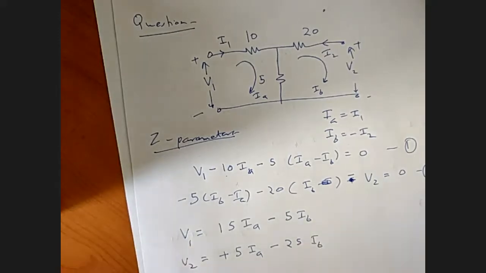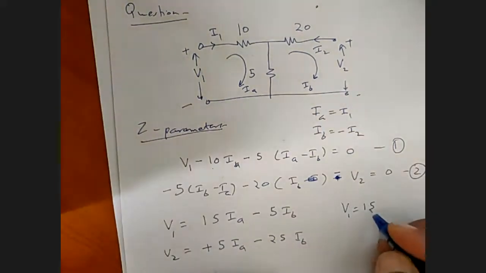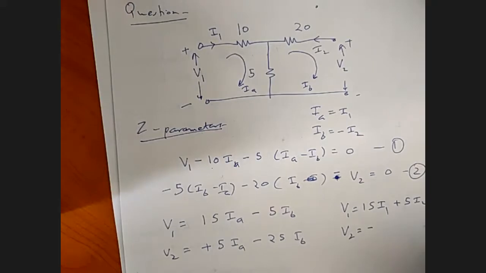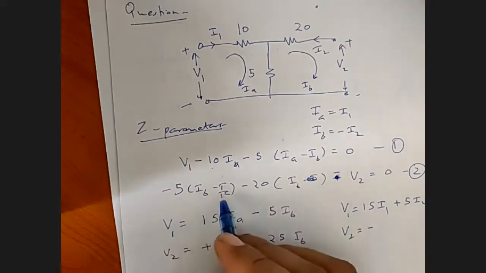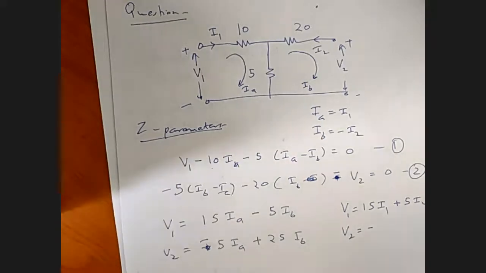And now I will write I1 and I2. So it will be V1 equal to 15 I1 plus 5 I2 and V2 equal to, सर ये माइनस होगा और ये प्लस होगा, plus 5 I1 minus 25 I2.